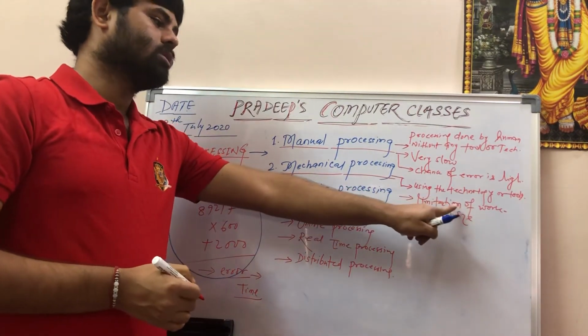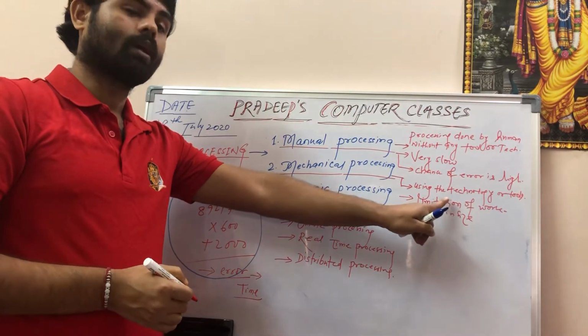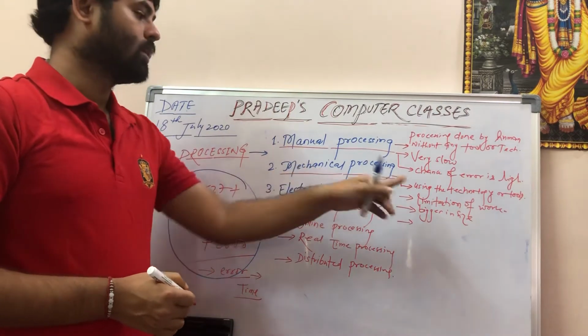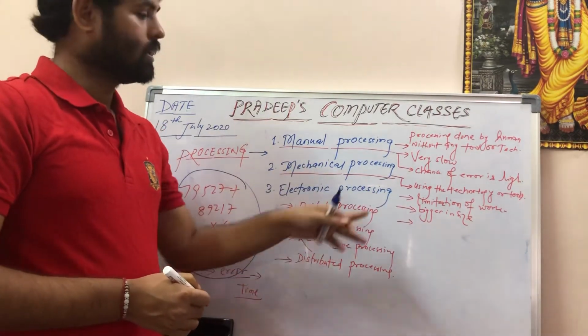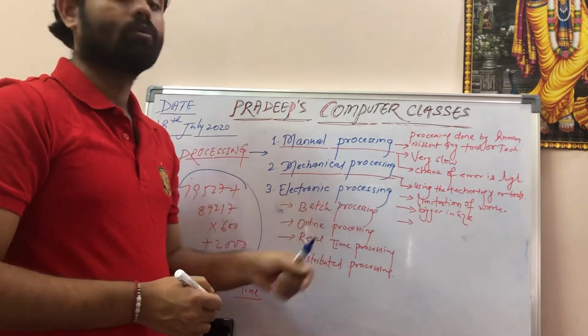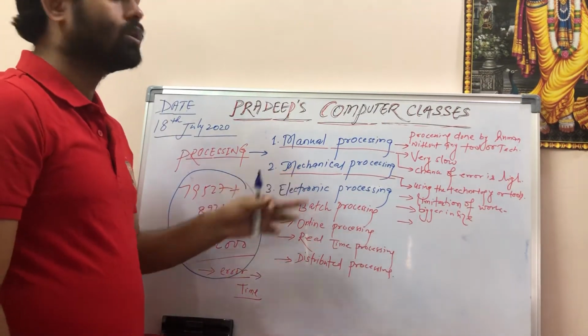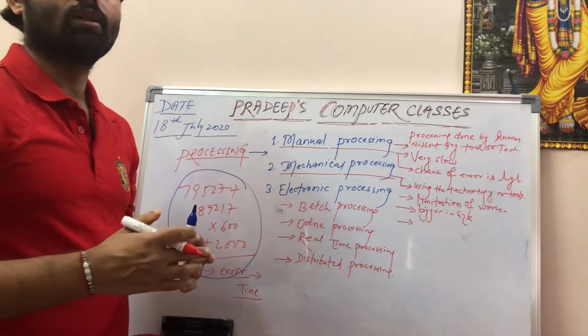Limitation of work means you cannot expect all types of work from a mechanical instrument. And mechanical processing will have a problem of storage. Whatever you are doing, you cannot store it.